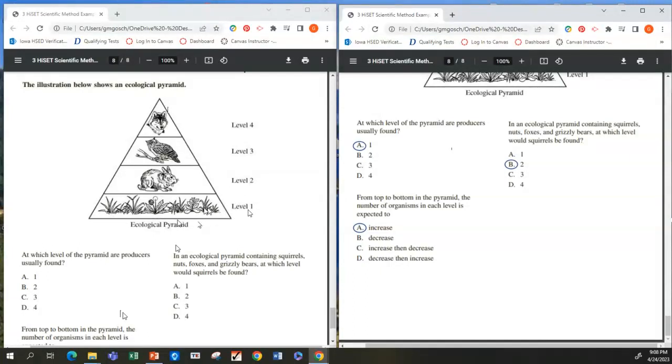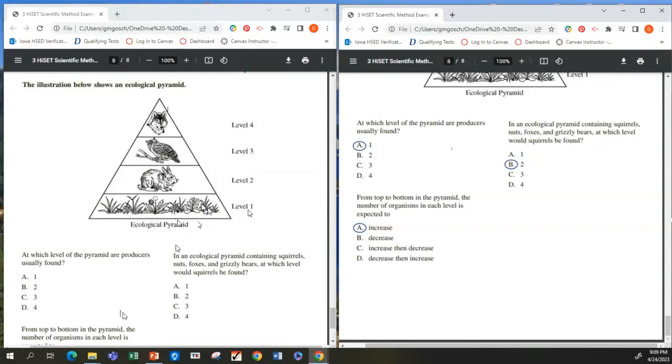Thus, we have the size of the pyramid. That lowest level has to be the largest, to be the foundation for a pyramid. But it kind of makes sense. That's where all the producers are. There's got to be way more producers. Heaven forbid if there were more wolves than there were plants, this ecological pyramid would be over with.